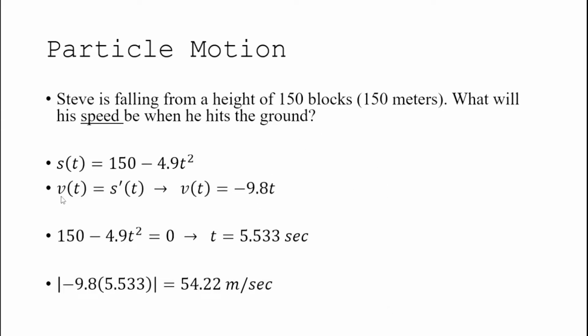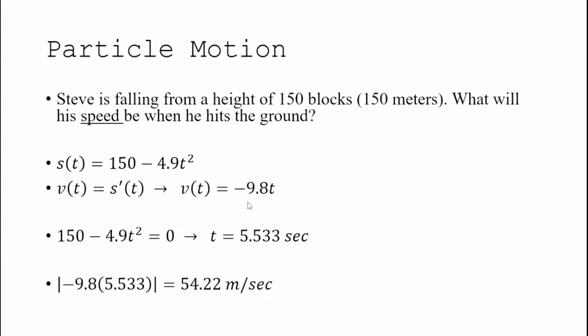And so we can find the velocity function, which is going to be helpful because what will his speed be when he hits the ground? Well, we want to find what his velocity will be and then take the absolute value. So we take the derivative of it, power rule, and we get negative 9.8 t.